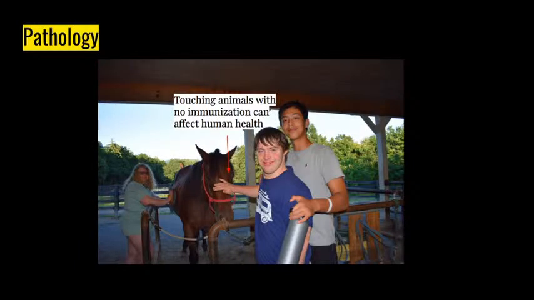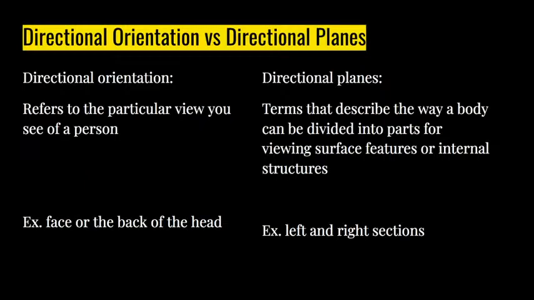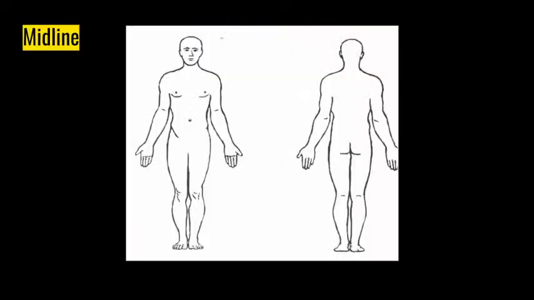Next, we learned about pathology, which is the study of human diseases. Then the directional orientation versus the directional planes, where directional orientation refers to a particular view you see of a person, and directional planes are terms that describe the way a body can be divided into parts for viewing surface features or internal structures.